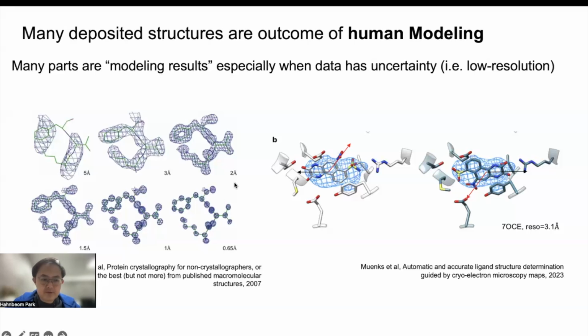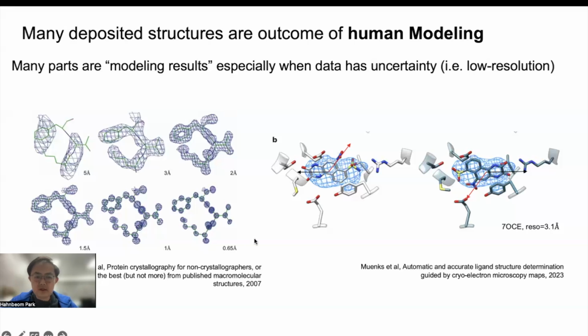For example, for the same structure, if you draw the electron density at different resolutions, if the resolution is better than 1 angstrom, then you can see the atomic points, all these nucleus points. But if it gets to 3 angstrom, you can barely see where the atoms are located. And if it goes to 5 angstrom, then you cannot even follow where the atoms are.